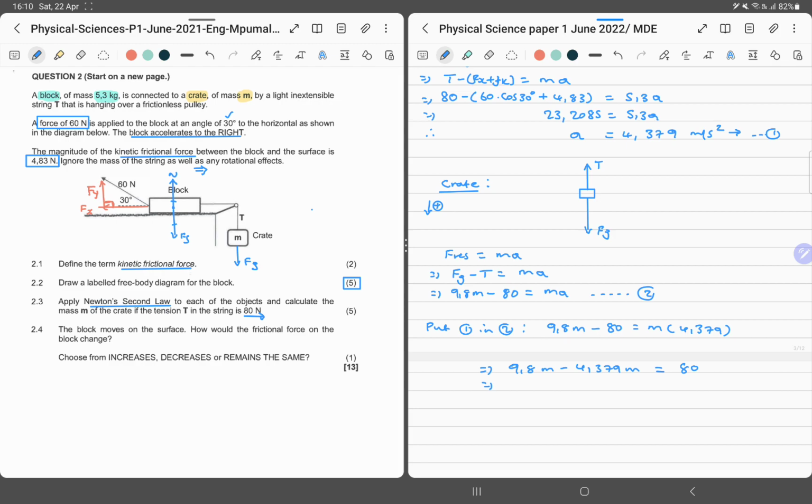Each time, guys, is starting to run away from us. We've got 5,421m equals 80. Therefore, our m is going to be 80 divided by 5,421. So this is 14,76 kgs.